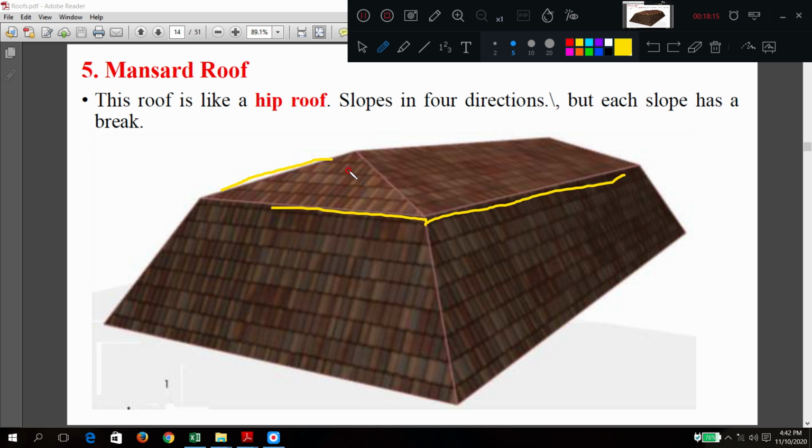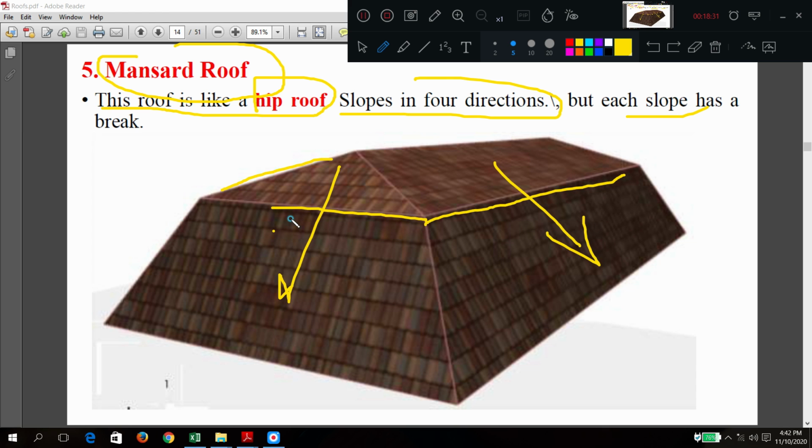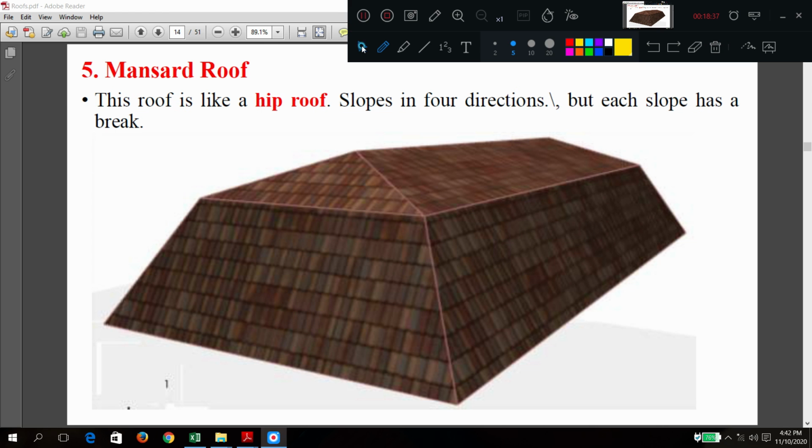If a hip roof is broken into again two breaks each, then it's called mansard. I hope you understand this one. The roof looks like a hip roof, with slope in four directions, but each slope is broken. It has got a break like this. So it is called a mansard.